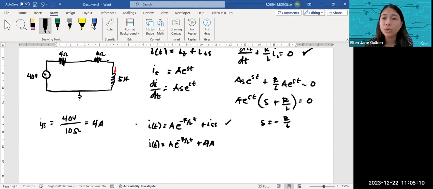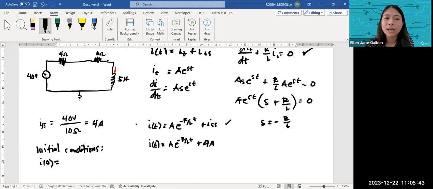Now we need to know the letter A here, no? So then we will be using initial conditions. The initial condition is where we are able to get the value of our constant A. So do you know the I at 0 time?